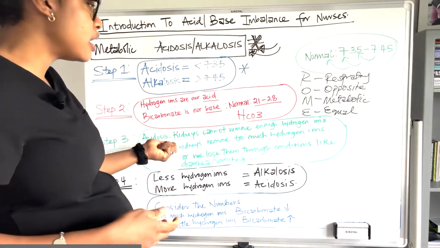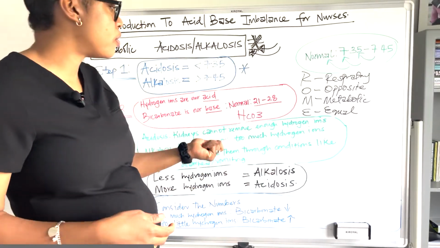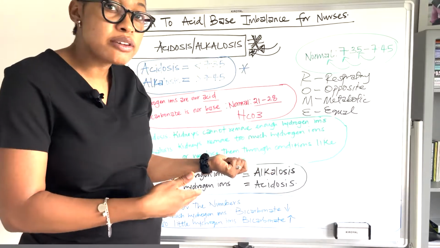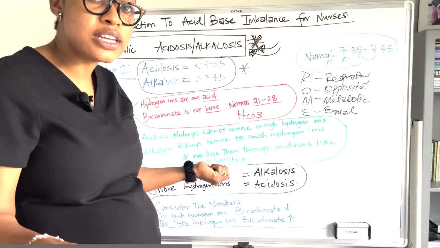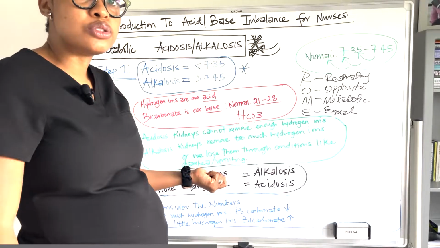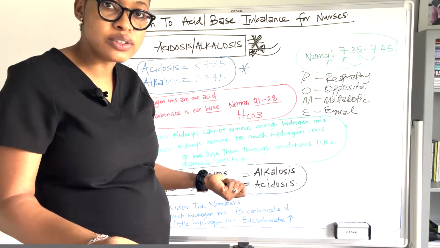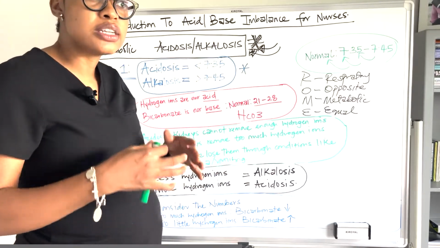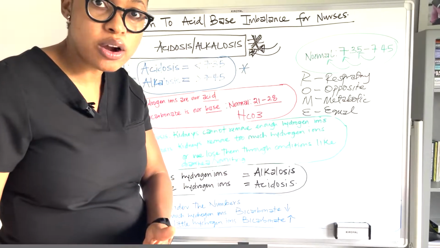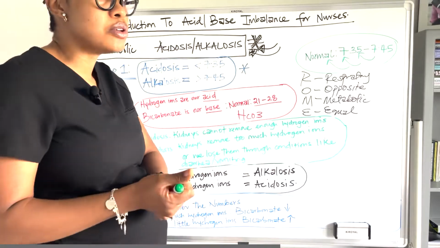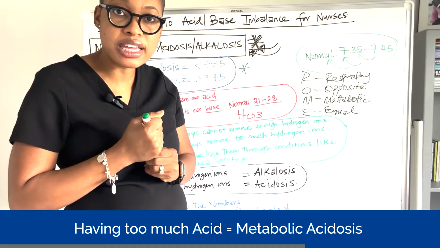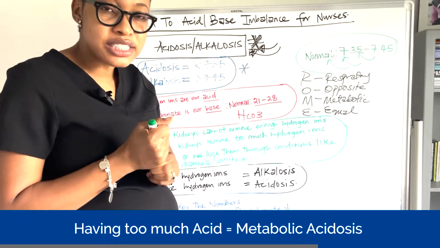So when the kidneys have issues and they're unable to remove enough hydrogen ions, then you have too much hydrogen ions in the metabolic phase, which means that there's too much of an acid, which then causes too much hydrogen ions when compared to bicarbonate.